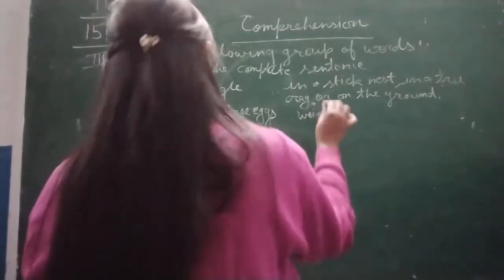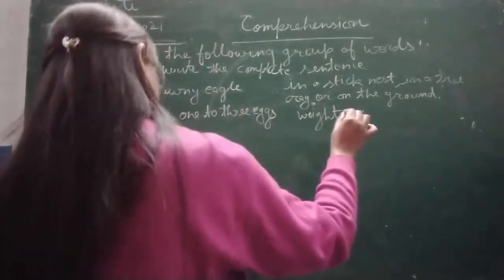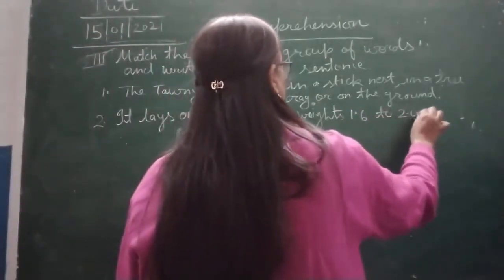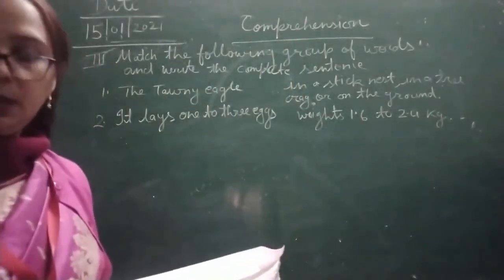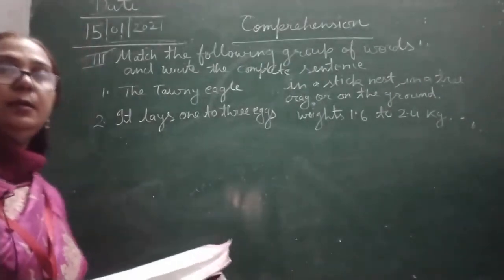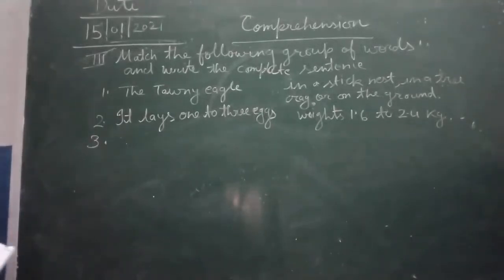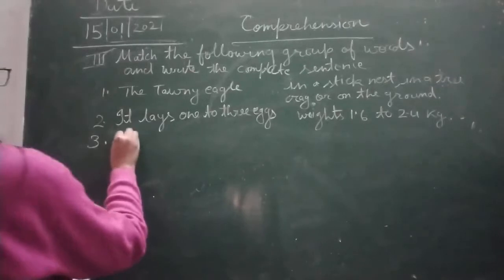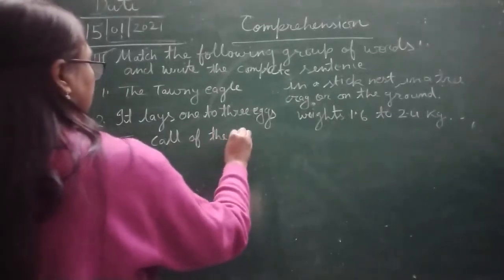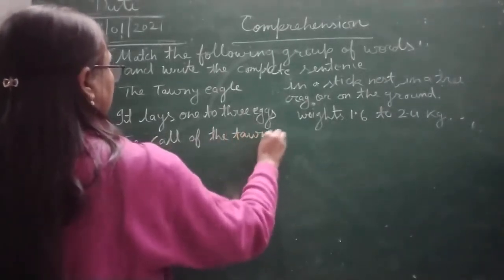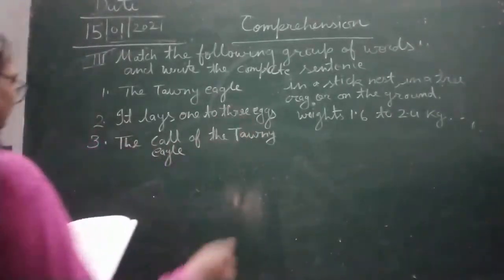Now wait, one more point here: weight 1.6 to 2.4 kg. So children, this is the second line we are writing. Now we are moving to the third line. The third line is the call of the tawny eagle. Because it is the tawny eagle.